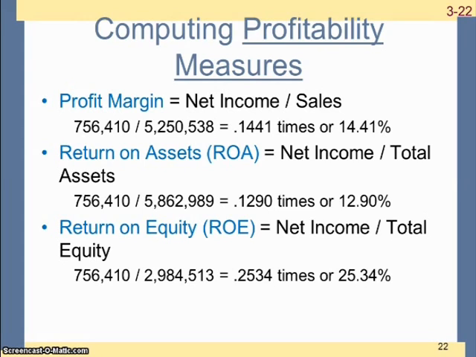And ROA is a measure of bottom line profit per dollar of total assets. And ROE is a measure of bottom line profit per dollar of equity. Higher profitability ratios relative to a competitor's ratios or the same ratios from a previous period are indicative that the company is doing very well. Now, the higher the better for all profitability ratios.